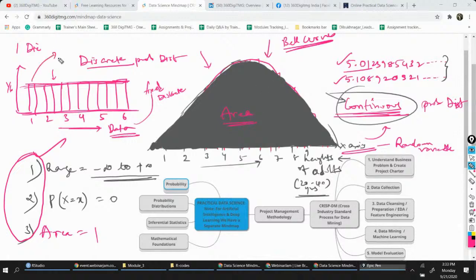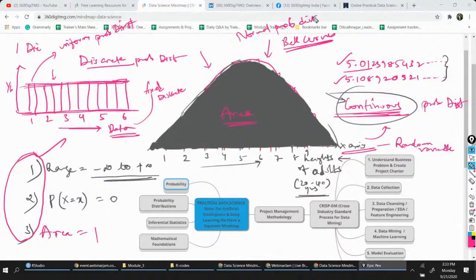This one I have given a name, uniform probability distribution, because the probabilities are uniformly distributed. So here, under the bell-shaped curve, for this continuous data, we call this the normal probability distribution.